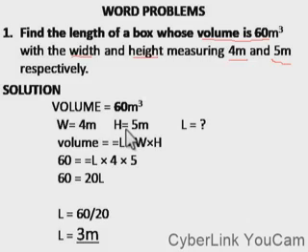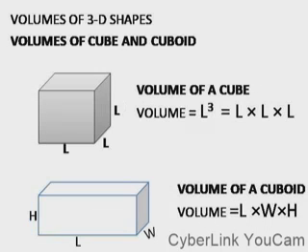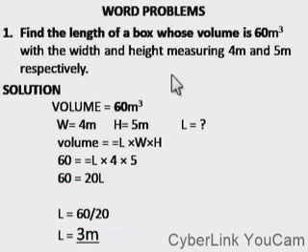That is to say, we are talking about a cuboid, because a cuboid is what presents us with these values, just like we have in this formula: the length, the width, and the height. So once you have a question that has to do with the length, the volume is given, the width is involved, and the height is involved, then you are talking about the volume of a cuboid.